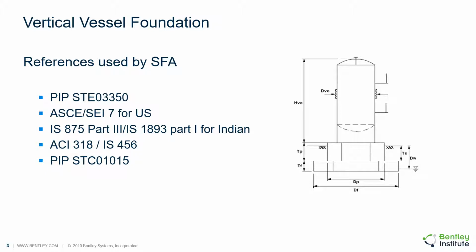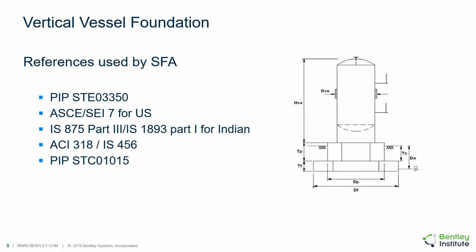Here is a list of codes that STAAD Foundation Advanced refers to when it comes to design of these foundations. PIP STE 03350 is the main reference used. Wind and seismic loads can be directly input by users, or you can ask these to be calculated as per the ASCE 7 when designing as per the US code.